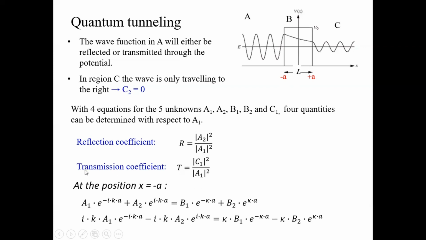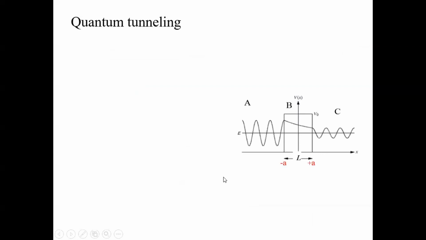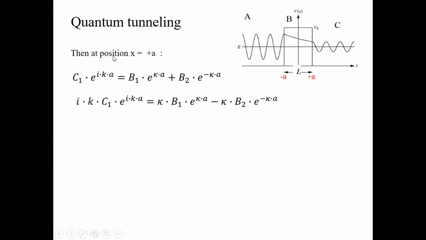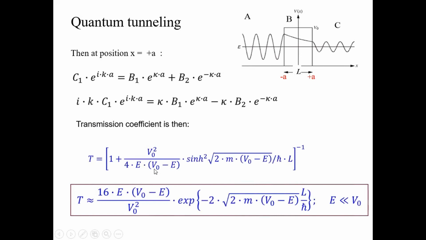So if the transmission coefficient is non-zero and has a certain value, then quantum mechanical tunneling will take place. At position x equal to plus a, the balance will be such that we can find the transmission coefficient, and the transmission coefficient is roughly given by this.